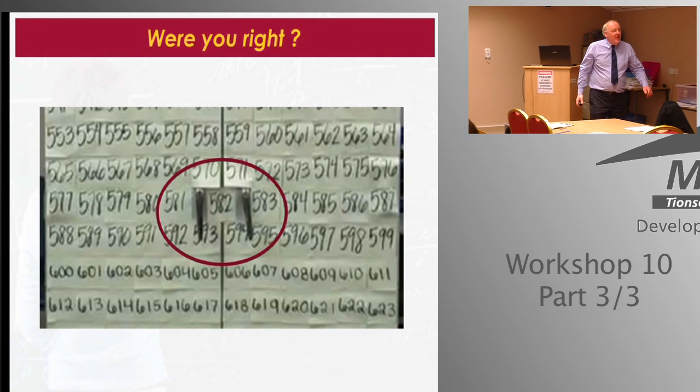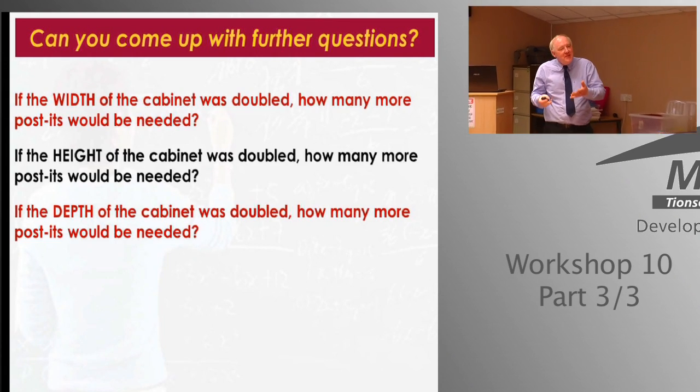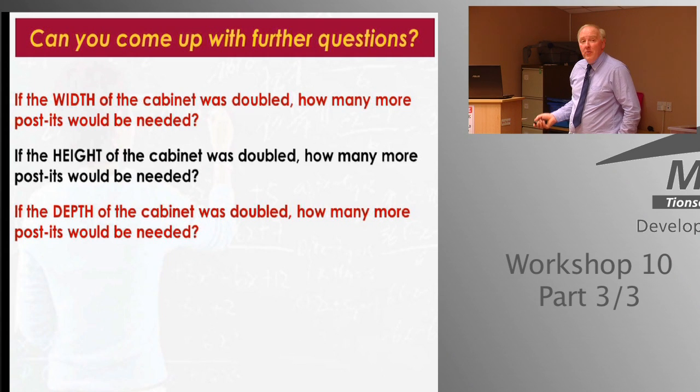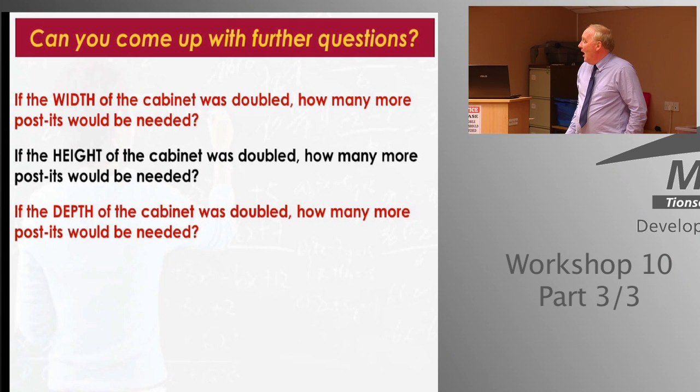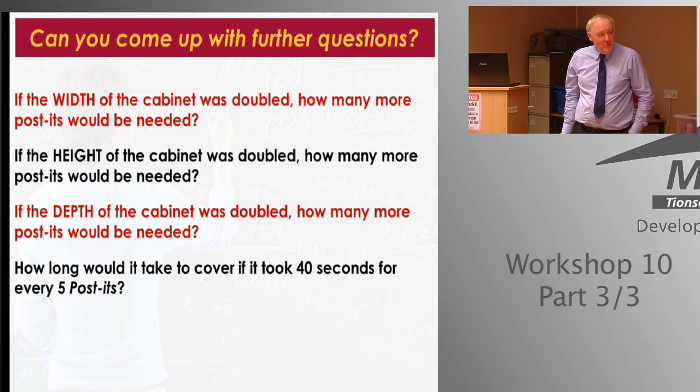Okay, now, further questions we could ask. Like, for instance, if the width of the cabinet was doubled, how many more post-its would be needed? I think you'd double everything, you know? If the height was doubled, how many more post-its? If the depth was doubled, how many more post-its? How long would it take to cover if it took 40 seconds for every 5 post-its?